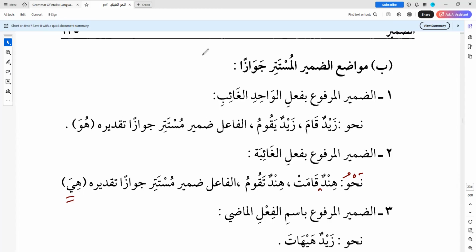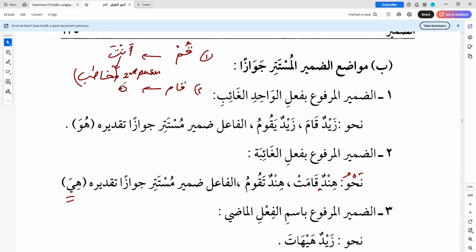Now remember, فعل الأمر, if you say قم, the ضمير مستتر for قم is أنت. أنت is not غائب. أنت is the مخاطب, the person you are talking to. So this one is second person pronoun. But if you move to قام, قام من هو?